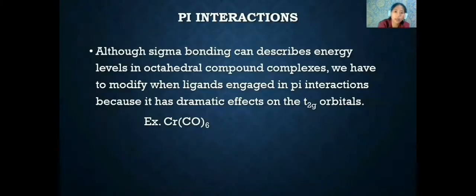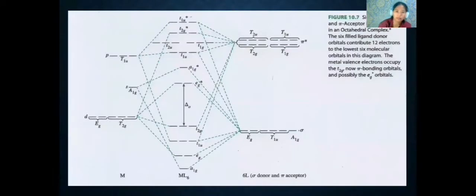So we have here the pi interactions. Although sigma bonding can describe energy levels in octahedral complexes, we have to modify it when ligands engage in pi interactions because it has dramatic effects on the t2g orbitals. So we have an example, hexacarbonyl chromium.